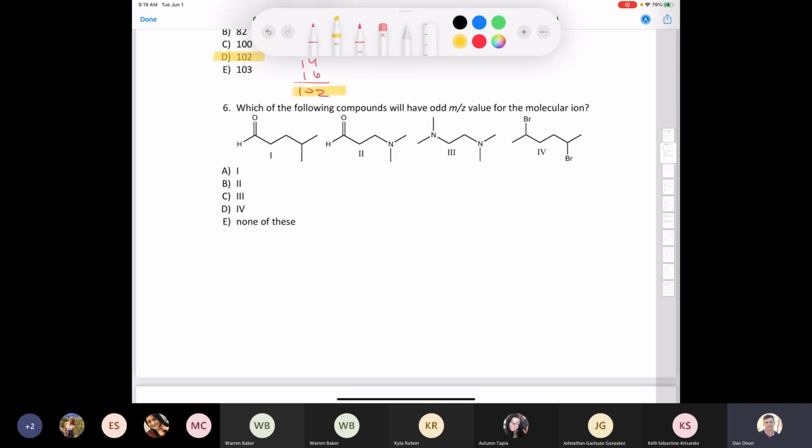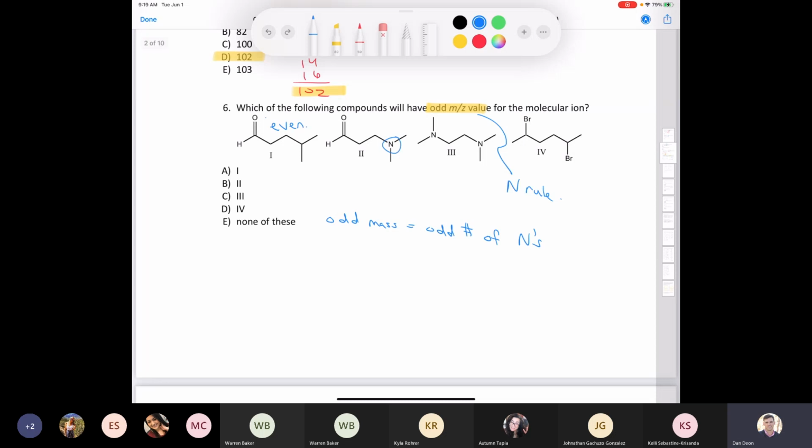It says, which of the following compounds will have an odd mass over charge? So we're looking for an odd mass, and that means we're dealing with the nitrogen rule. So an odd mass means we have an odd number of nitrogens in the molecule. This molecule has no nitrogens, therefore it's going to have an even mass.